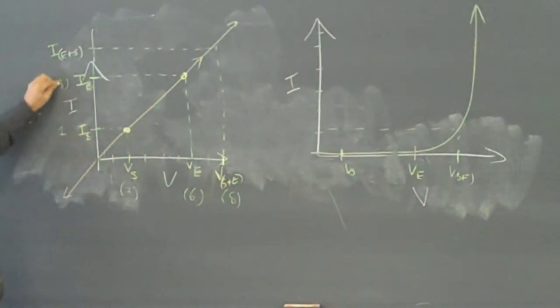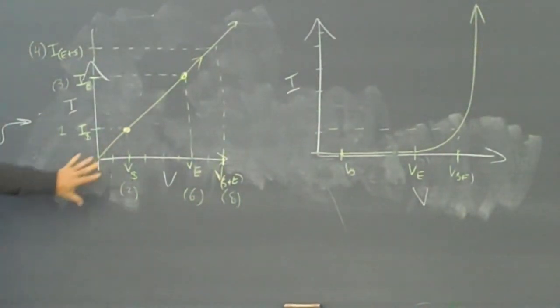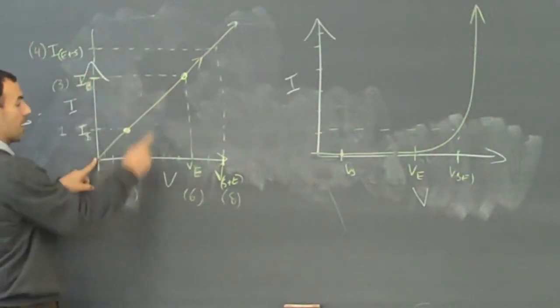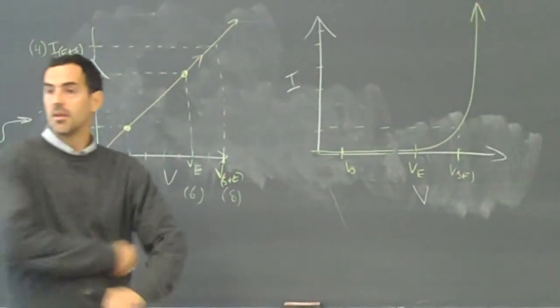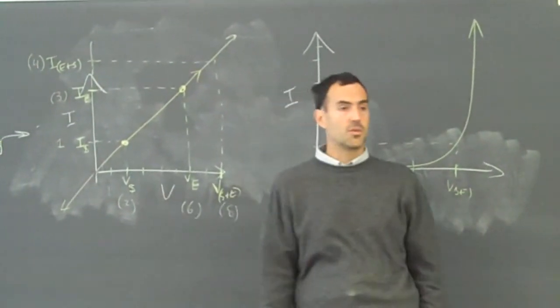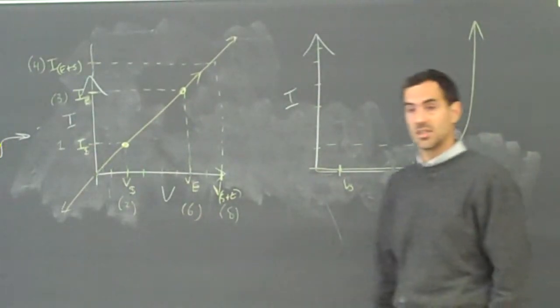That would be 3 amps. And that would be 4 amps. So in the case of the resistor, the current I got from V Sean was 1 amp. The current I got from V Edgardo was 3 amps. The current I got from both of them will be the combined 4 amps. So for this resistor, the principle of superposition works. For the case of the diode, the principle of superposition does not work.